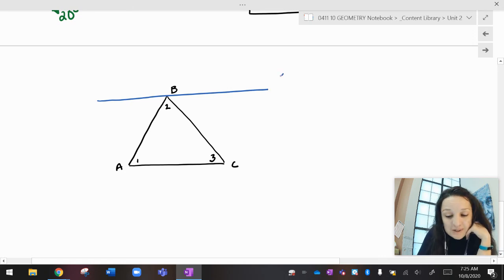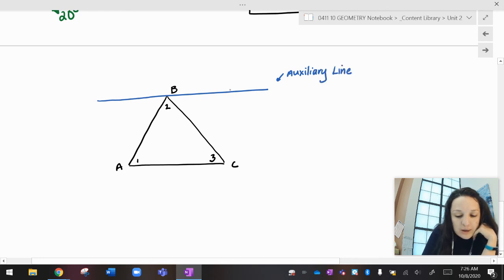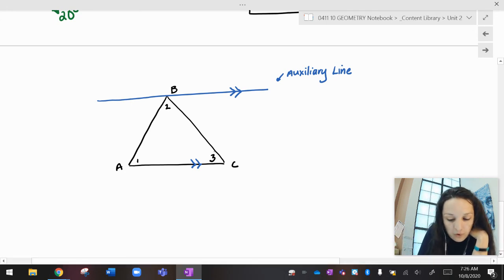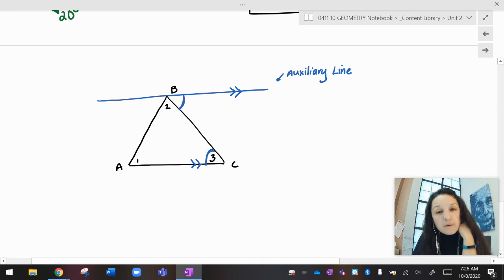That's called an auxiliary line. And what I can do is when I draw that line, I am purposefully creating a line that's parallel to AC.